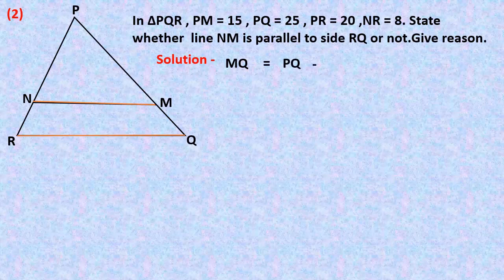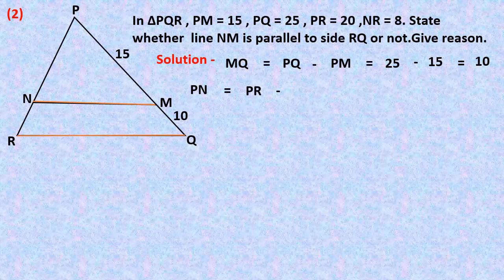The step for finding PN: that is PR minus NR is equal to, substituting values, the value of PR is 20 minus the value of NR is 8, is equal to 12.